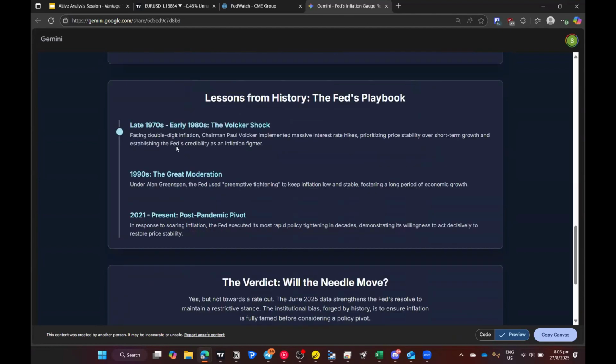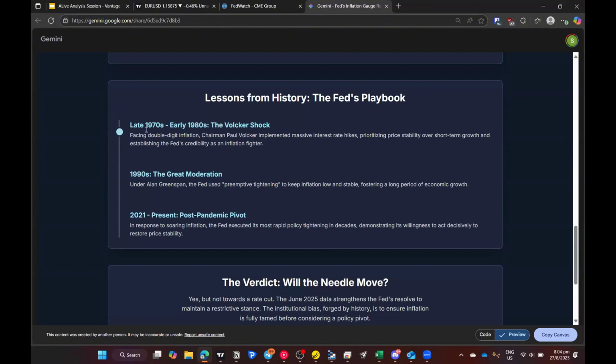So a few key things that we can learn from history. First is that during the 1970s to 1980s, all of this is to prevent stagflation. Stagflation is when your income doesn't rise as fast as prices, so you get into a situation where the economy is not growing, neither is it in a recession.